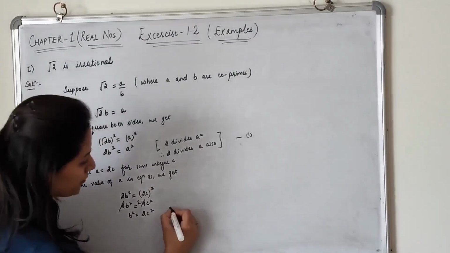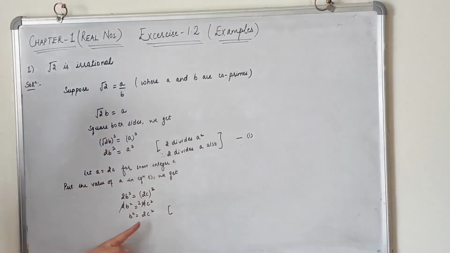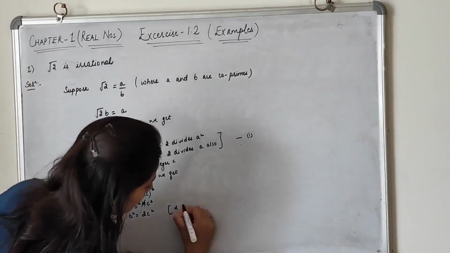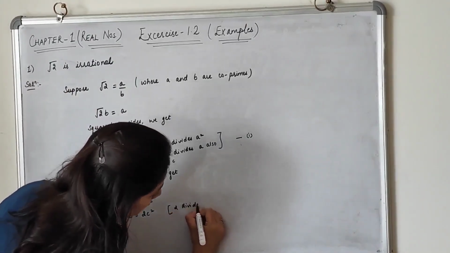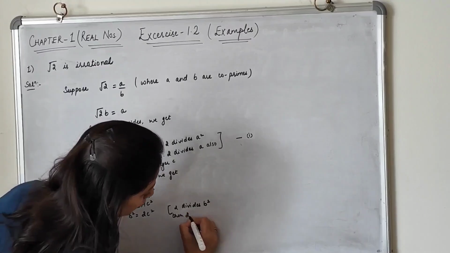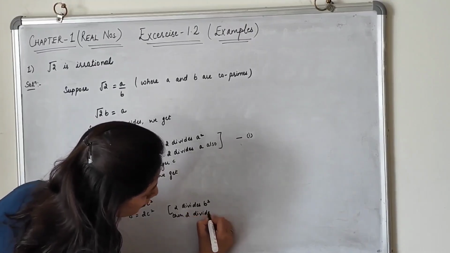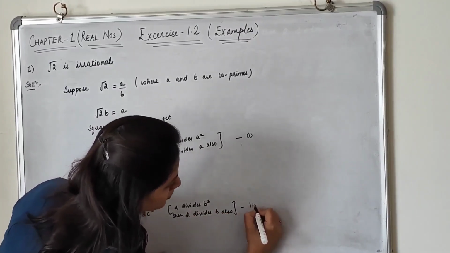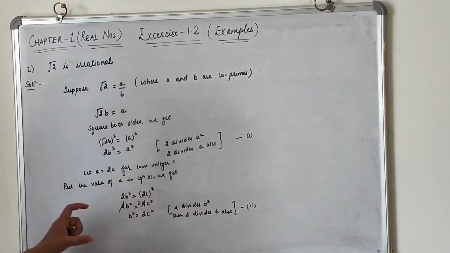Right? Here what you observe? 2 divides b square, then 2 divides b also. Make it the second equation.